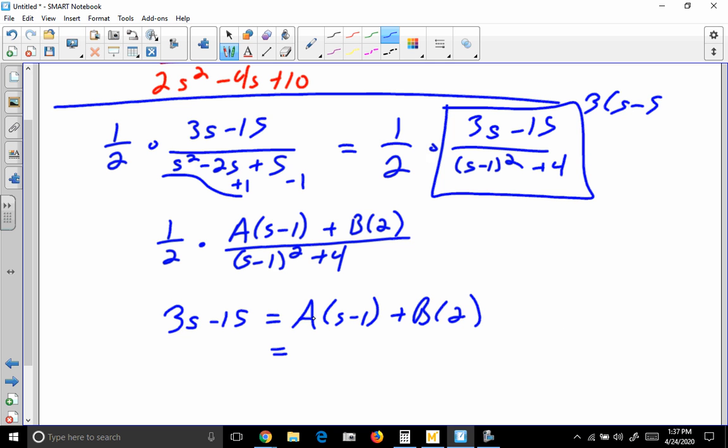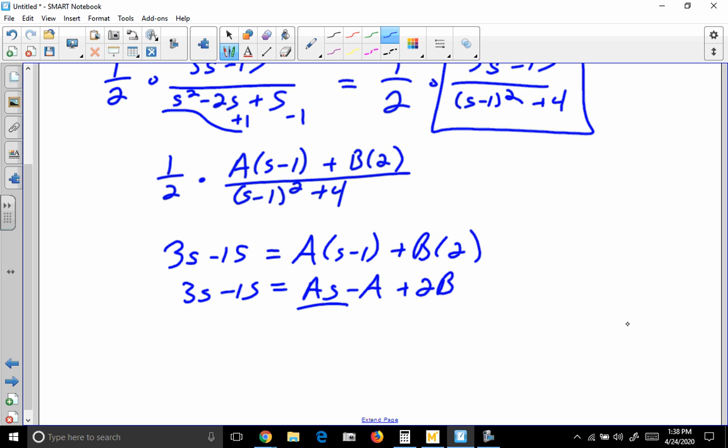If we distribute on the right, we have a times s minus a times 1 plus 2b equals 3s minus 15. This is the only s term on the right, and this is the s term on the left. For the right side and the left side to be equal, they have to have the same amount of s's. So 3s and as, so a would have to be 3.